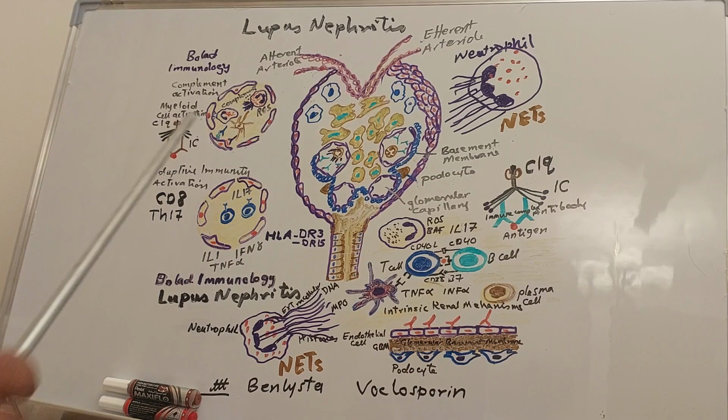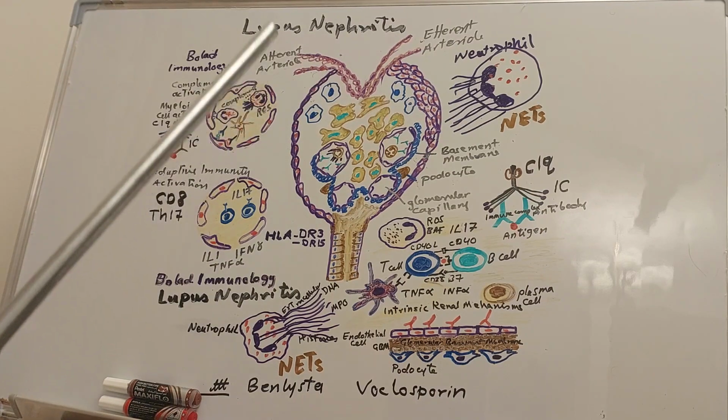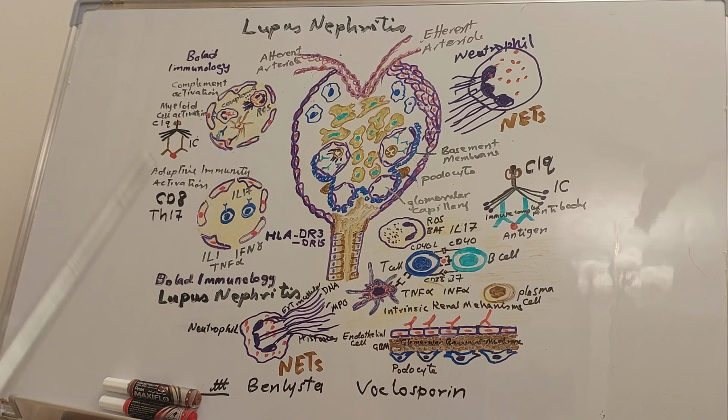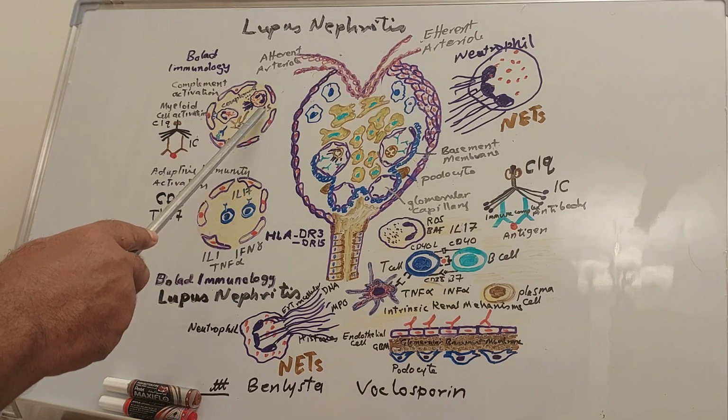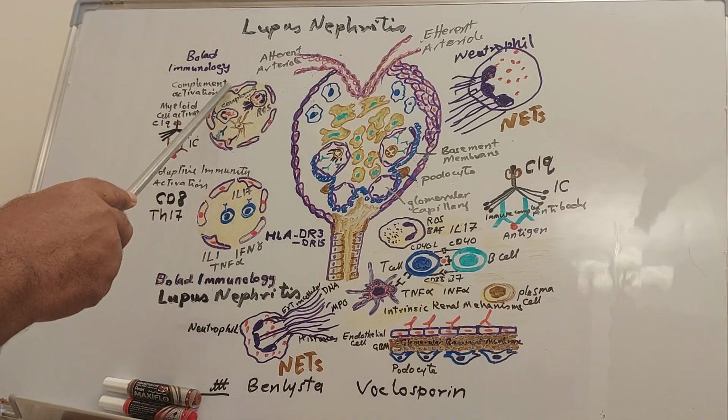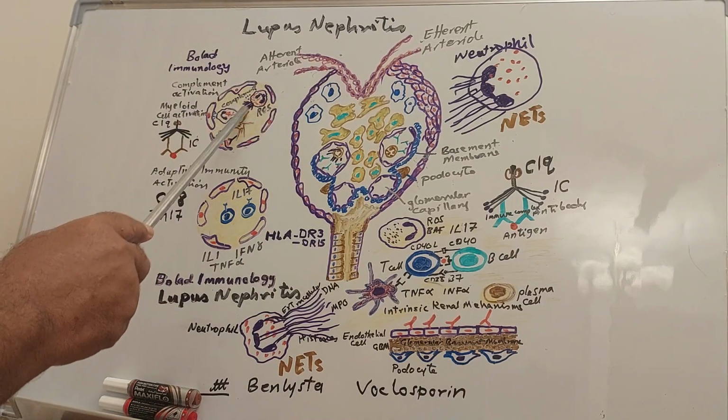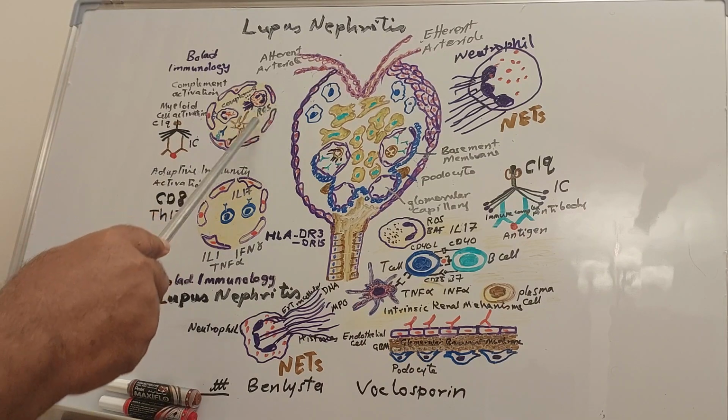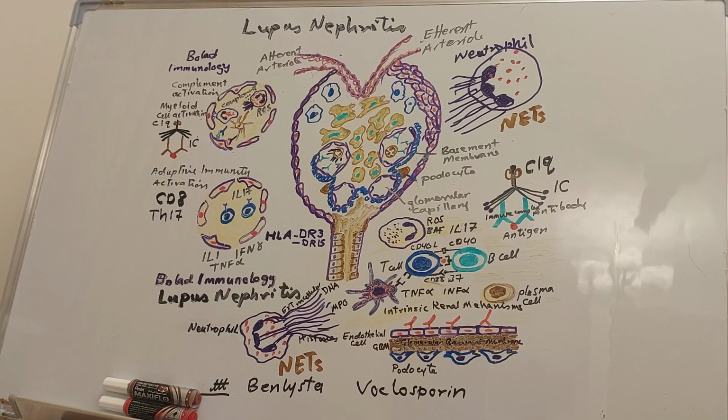And also, as can be seen here, this is reactive oxygen species. The source of this is the vascular endothelium, and these cells are the source of reactive oxygen species, and this leads to activation of T cells.